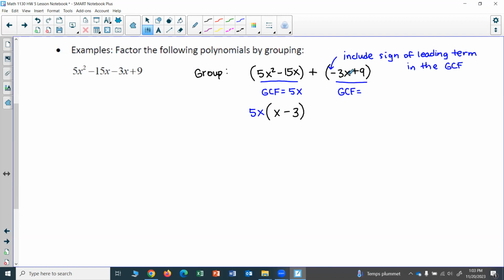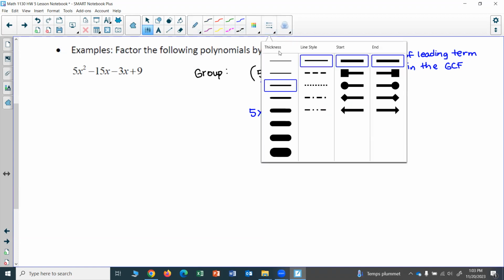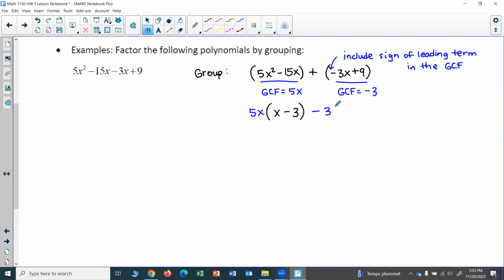So when I list the GCF, I'm not just going to say 3, I'm going to say negative 3. All right, so I'll pull out a negative 3 from the second set of parentheses, and I look at what's left. I pulled out a negative 3 from the first term, so I just have x left. If I pull out a negative 3 from the plus 9, that gives me a minus 3 right here.